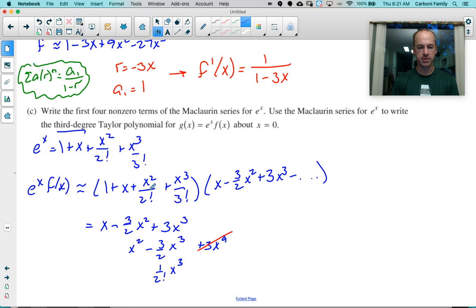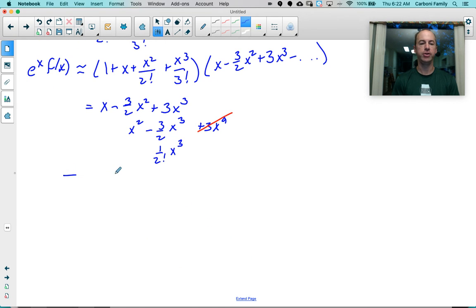And if I expand any further, x squared times x squared will be x to the 4th, and I don't care. And if I try to distribute my x cubed over 3 factorial, I will get everything larger than a third degree polynomial. And so now we need to add all of that together to get my third degree Taylor polynomial for e to the x f of x.